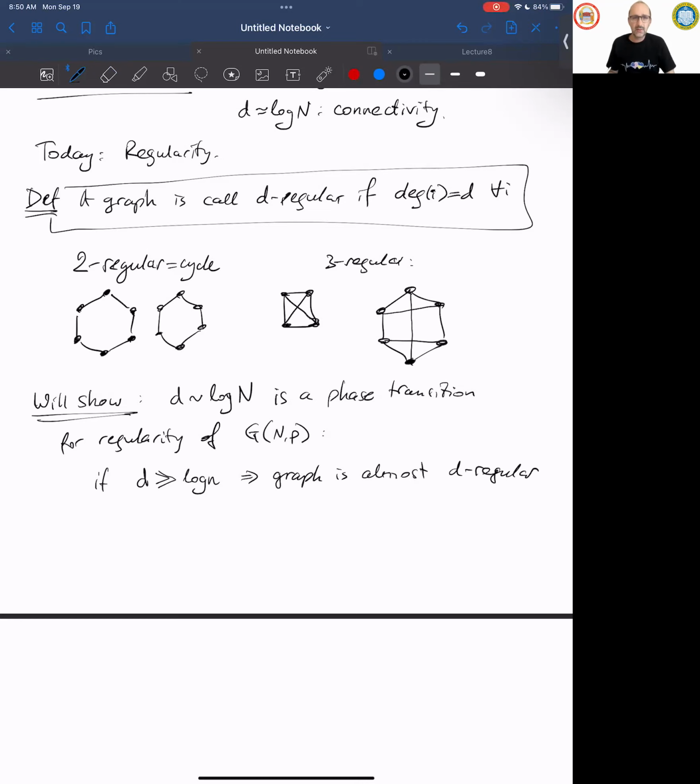So this network is dull, is not interesting, because everybody has the same number of friends, no communities form, nothing. Everybody is like zombies. Everybody's the same in this network. And if d is less than log n, then the graph is actually very far from regular.